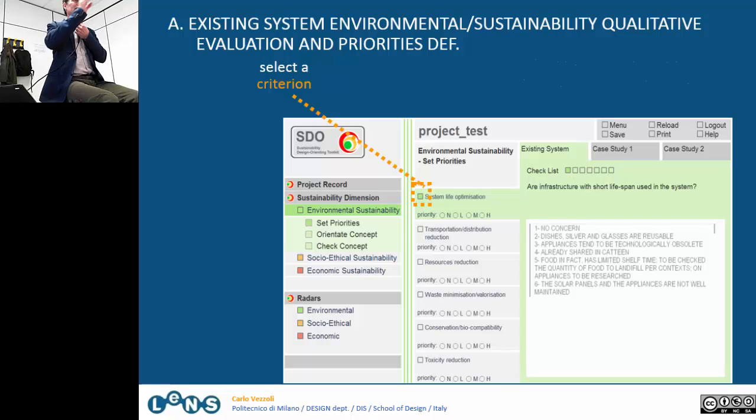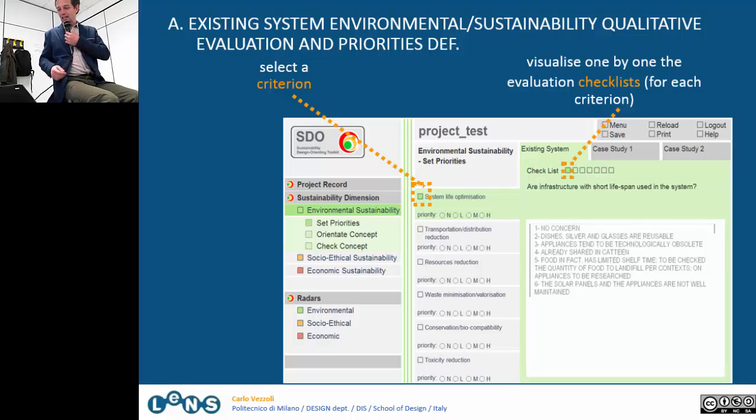And for each of the criteria, you have a checklist. The checklist is a question. And it's a question like the first one in relation to system life optimization: are infrastructures with short lifespan used in the system? So there are all questions that help you as a designer, maybe not that expert in system life optimization or environmental issues, to know what are the good questions that you have to answer to yourself in relation to the existing system, the eating in Bovisa campus, to understand whether there are problems related to that criteria.